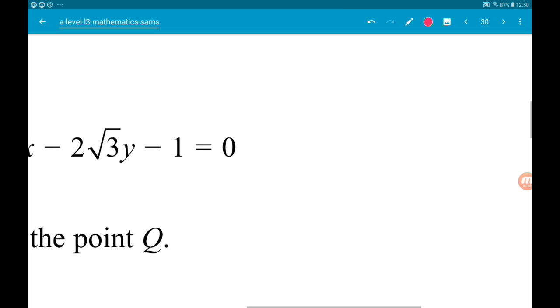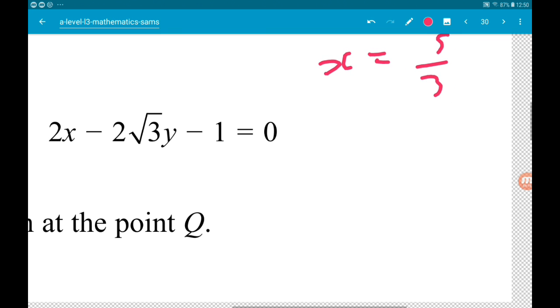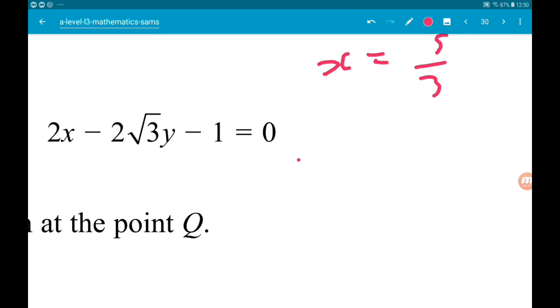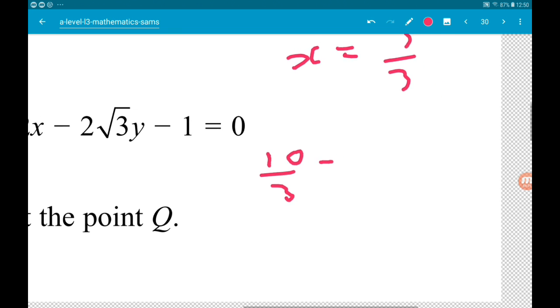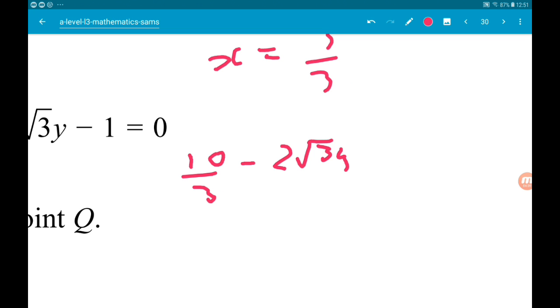So, we now know that x is 5/3. So using this, we get 10/3 minus 2 root 3y minus 1 is equal to 0.